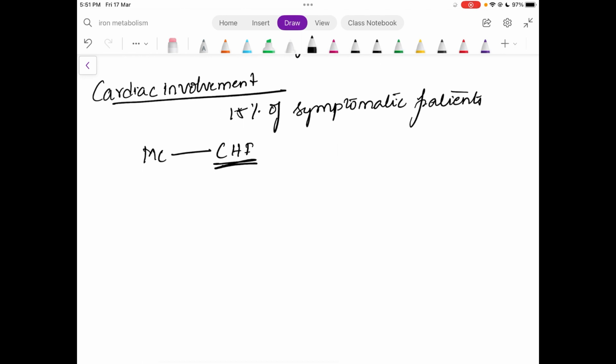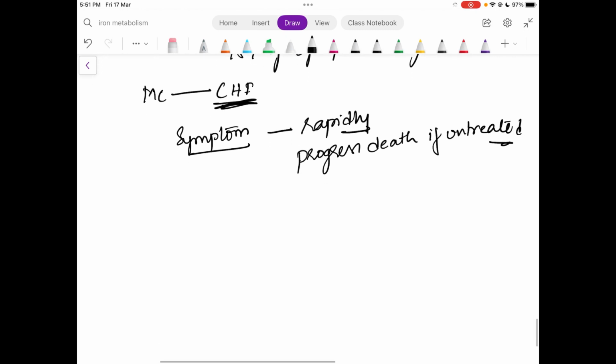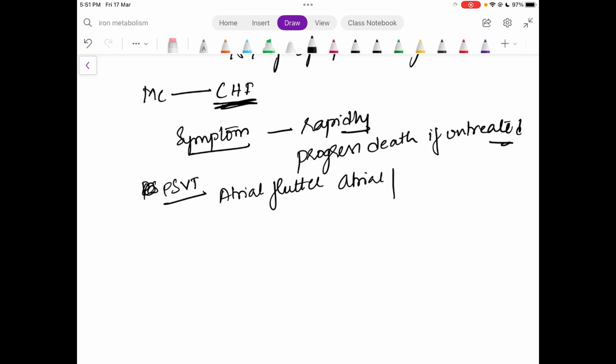And the symptoms of cardiac failure or congestive heart failure will develop rapidly and they progress to death if untreated. And they can get supraventricular tachycardia, paroxysmal supraventricular tachycardia, atrial flutter, atrial fibrillations also.